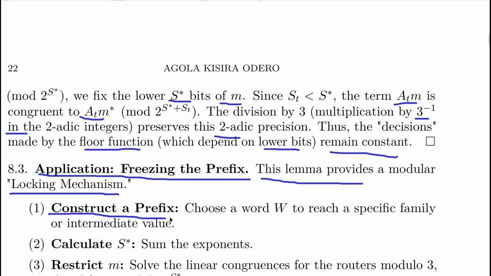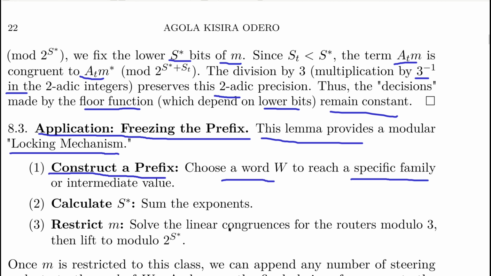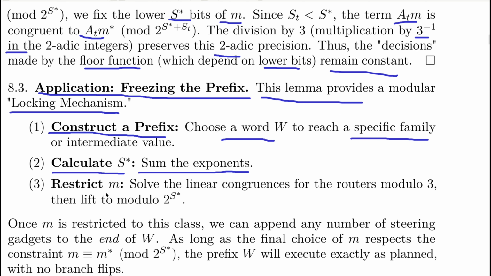Construct a prefix. Choose a word W to reach a specific family or intermediate value. Calculate S star: sum the exponents. Restrict M: solve the linear congruences for the routers modulo 3 and then lift to modulo 2 raised to S star.